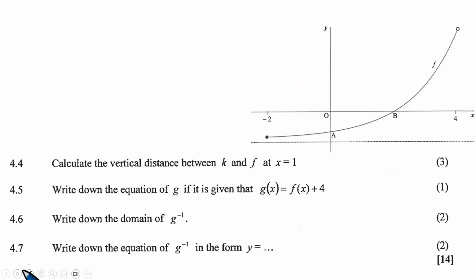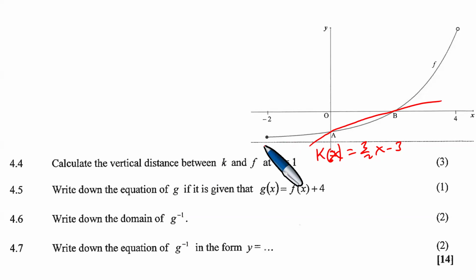Next question. In the next question, we want to calculate the vertical distance between K and f at x equal to 1. Remember that we found this line, k of x, which had the equation 3 over 2 x minus 3.